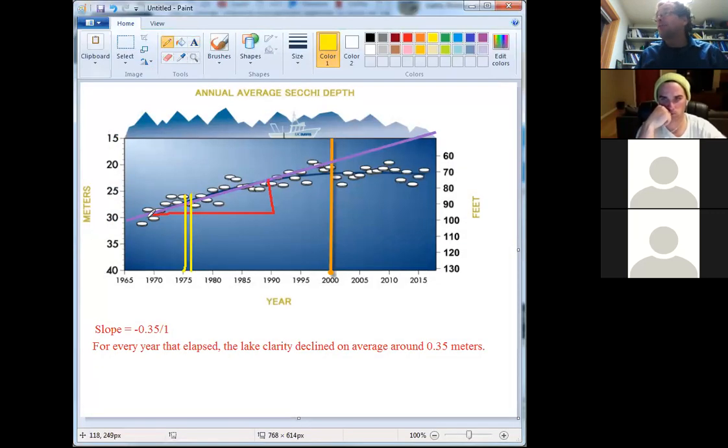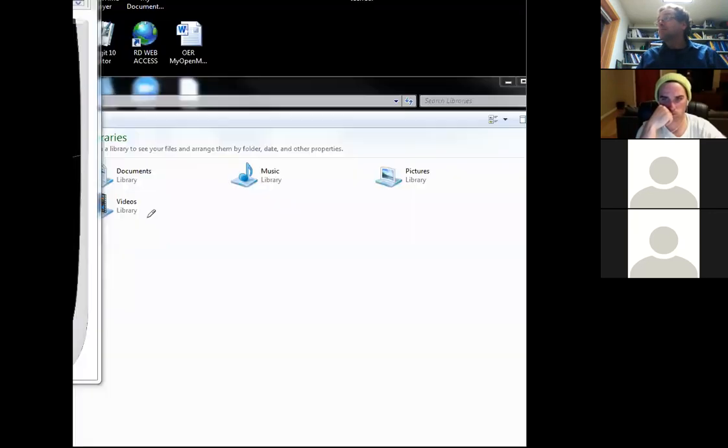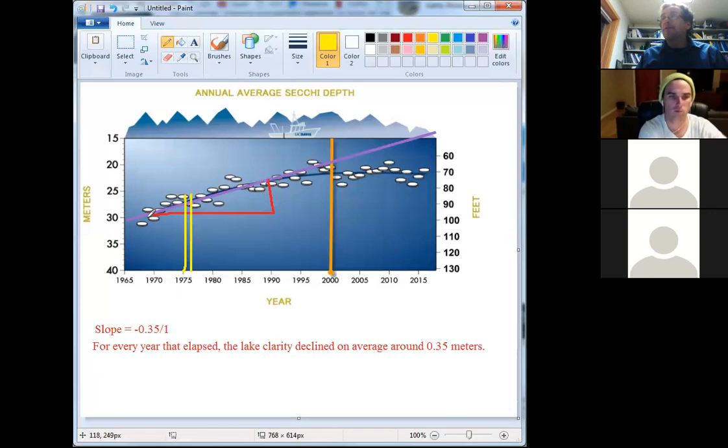If the data is a terrible fit, then you're going to be close to 0. If the data is a perfect fit, you'll be exactly 1 or exactly negative 1. This is not a perfect fit. It does go up and down, but it's a pretty good fit. Any questions on this idea here?